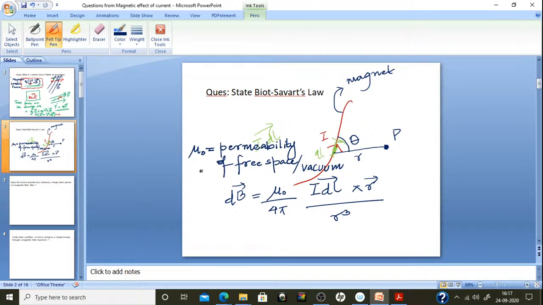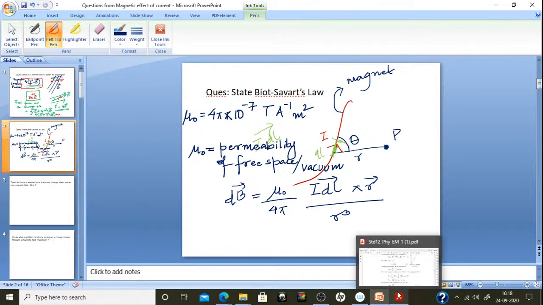It is a constant, and the value of mu naught is 4 pi into 10 to the power minus 7. Units you can find from here, it will be Tesla meter per ampere. Is it clear what is mu naught?